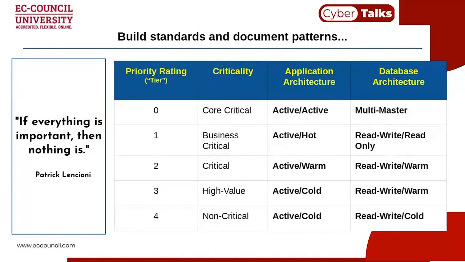So each of these things needs to be architected. You work with your architecture teams to do this. As a DR team, what you do is build the standards. So you say, as we talked about before, we have a priority rating of 0. That means we can have 0 downtime, and it means it's the most important thing. It needs to be the top of the heap.